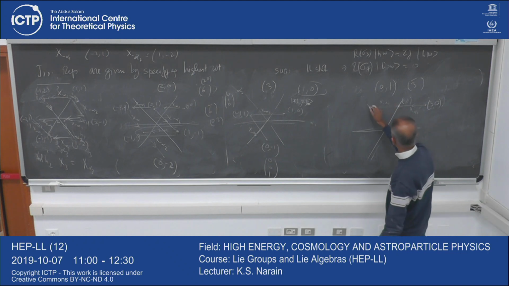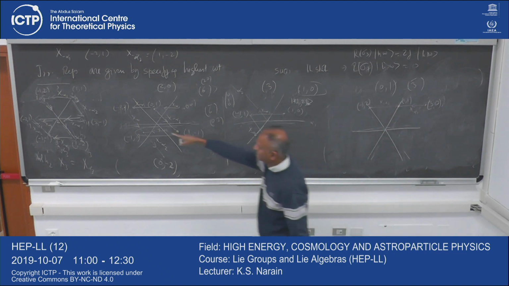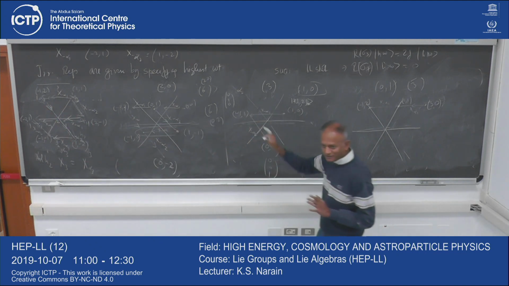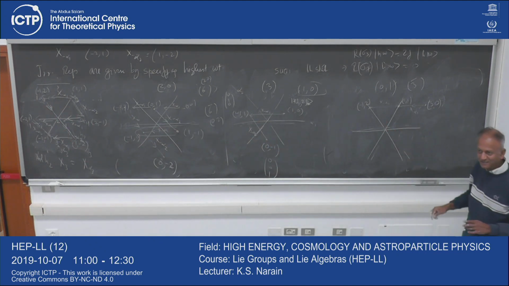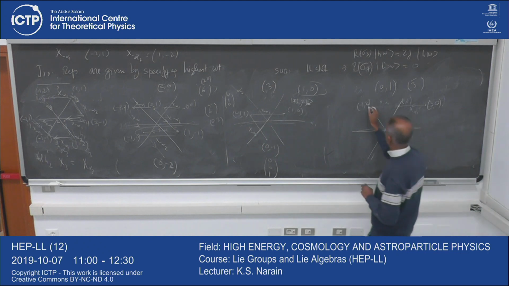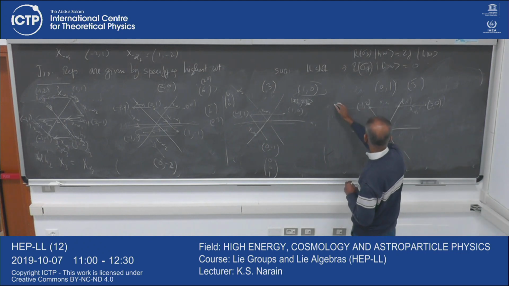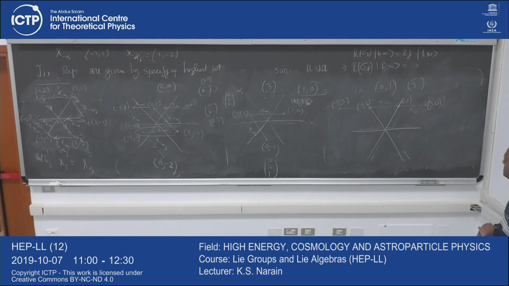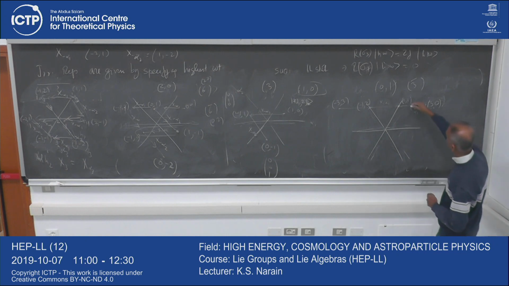I will get, what is it, minus 1, comma 2, right? Which is again the other root, alpha 2 root. It has the same quantum numbers. It's not the root, it's a different representation. Then I go back here, one more, so I'll get here minus 3, 3, right? Yeah, minus 3, 3.